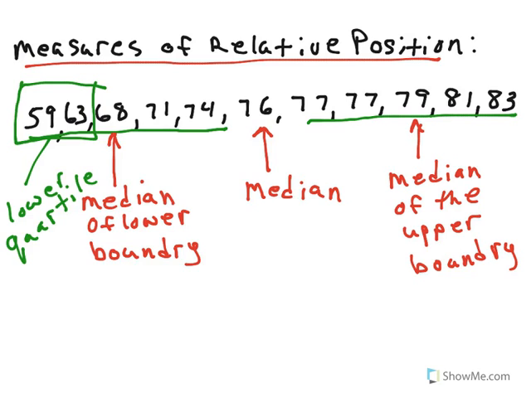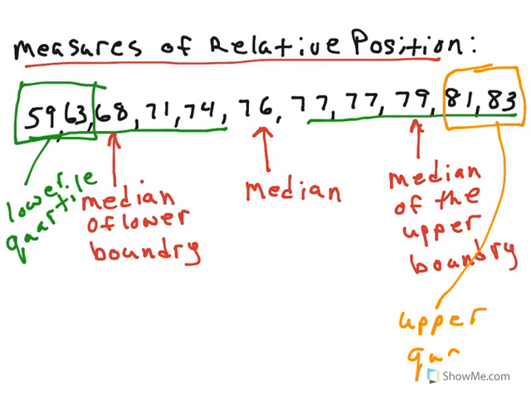The upper quartile will be the values above our median of the upper boundary. This is called our upper quartile. In the middle, we have the two middle quartiles.